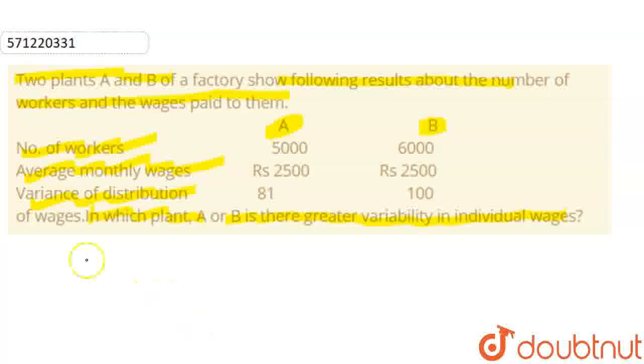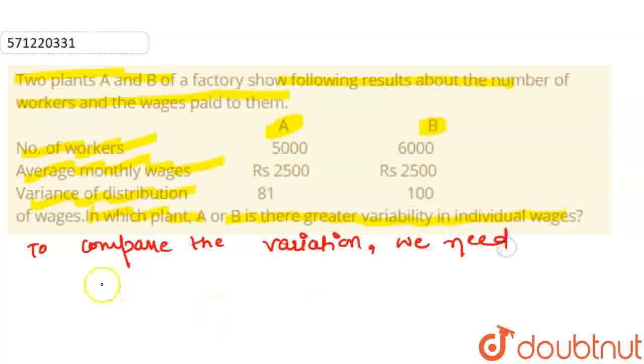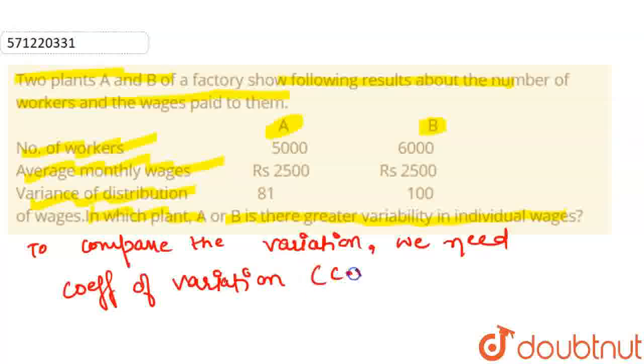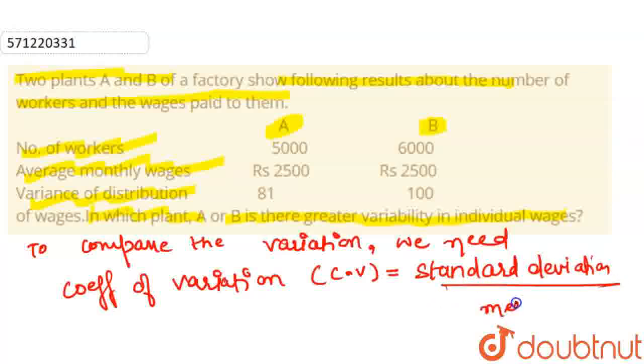So we'll write here, to compare the variation, we need coefficient of variation, that is represented as C.V., which is equals to standard deviation upon mean into 100, right?